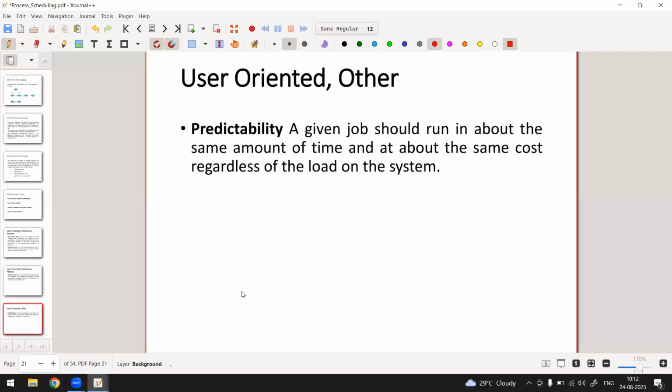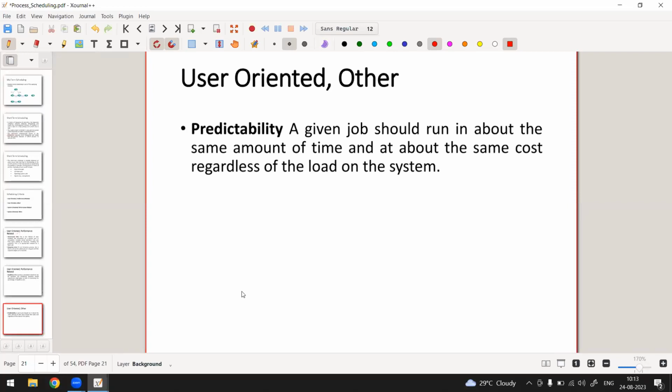So once you have determined that this process is going to take this much time, then that time should not be dependent on the load of the system.